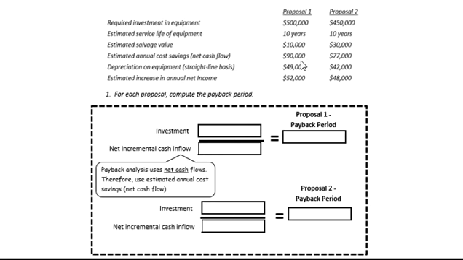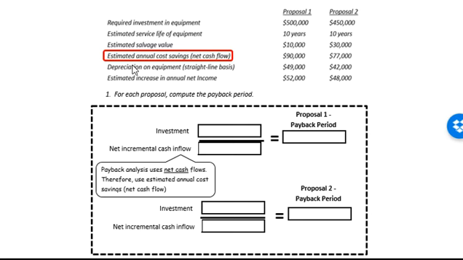In this case, it's $90,000 and $72,000 respectively. Now that represents the incremental increase in our net cash flow as a result of these expense reductions. So this is the estimated incremental cash flow that we're going to be looking for in our computations.